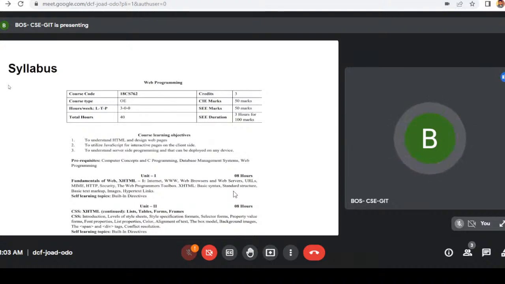All right. So now let's discuss the syllabus. Web programming is the name of the subject, and 18 CS 762 is the code. Let's look at the objectives. The objective is to understand HTML and design web pages, definitely.